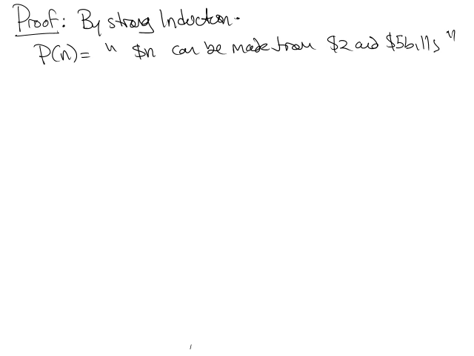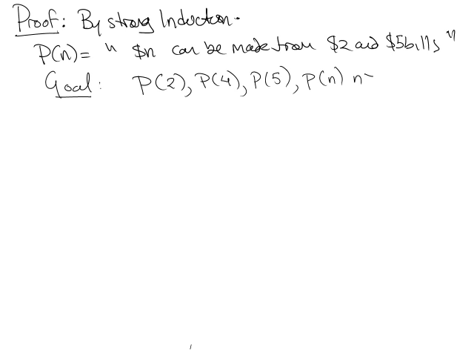Okay, and our goal is to show that this is true for a certain subset of the integers, right? It's true for 2, true for 4, true for 5, and then true for all n at least 6, right? That was our conjecture. So let's do it by induction. So what's the basis step? In the basis step, I'm going to handle all the exceptional cases, which are these 3 numbers out in front.